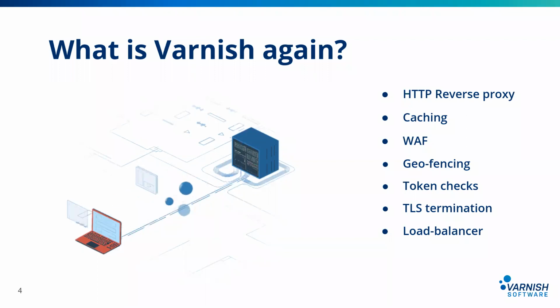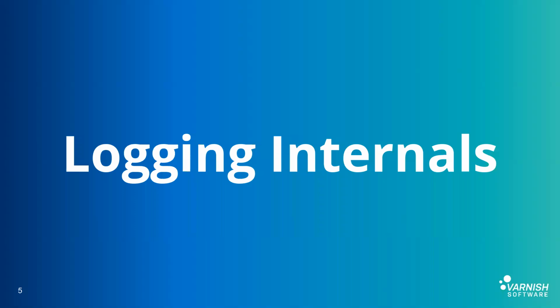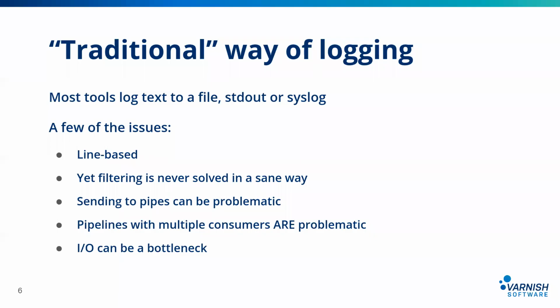So it's extremely important that we are able to report about what we see and what we did about it. And as you're going to see, the old way of logging didn't really cut it. This is why we had to change it. So let's see first how things are done currently and how we change them.